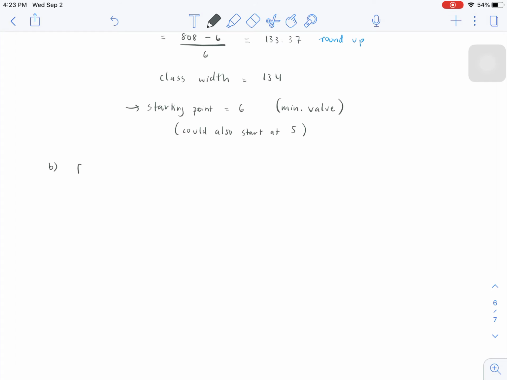So my first interval, or my first class, will start at 6 and we'll go to 6 plus 134, in other words, 140. The key point here when we're making our classes is that our intervals include our lower bound, but exclude our upper bound. So that's why I use this notation.